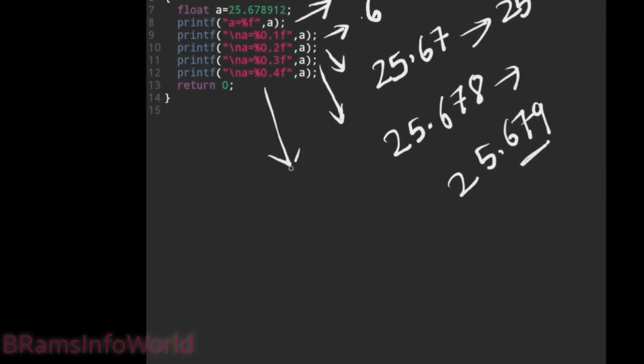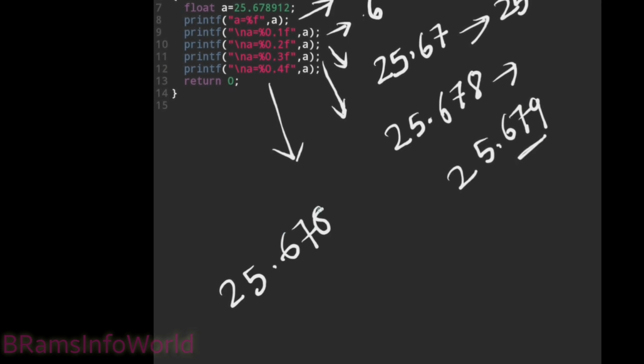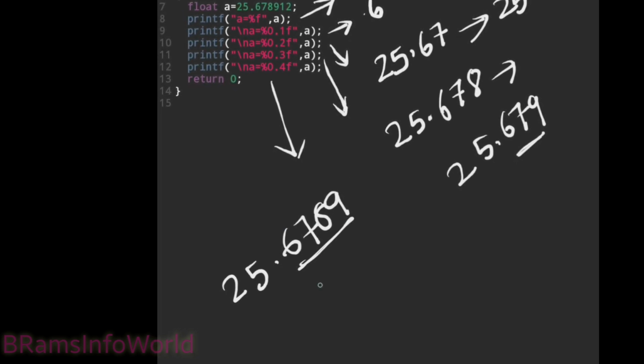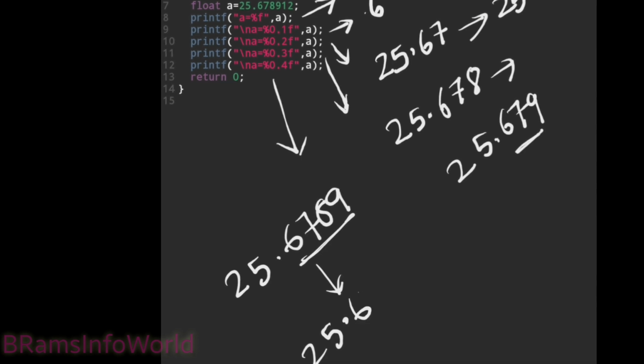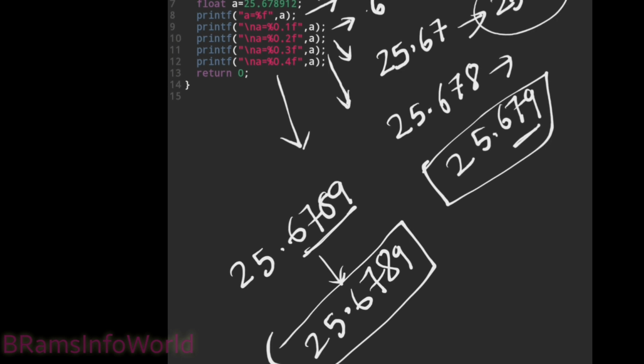The next one is 4 decimals: 25.6789, and after 9 comes 1, so the output is 25.6789. This is the way we can print the values on the output screen.